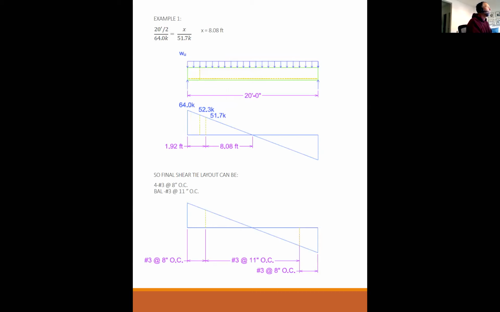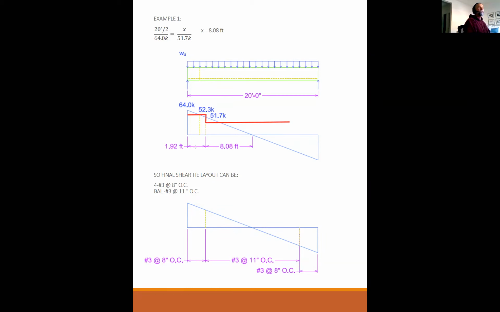Okay, in this diagram here, the shear demand was 52.3, and the capacity with my ties at 8 inches on center is actually 52.5. So my capacity goes right like that. And then as soon as I drop my ties off to 11 inches on center, this drops to 45.1, and it goes like that.